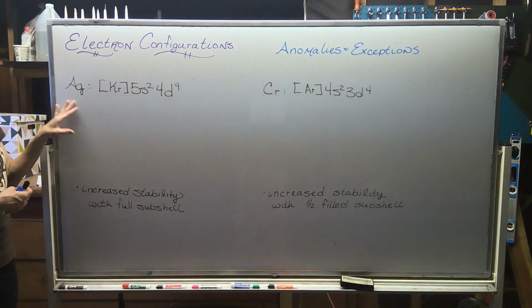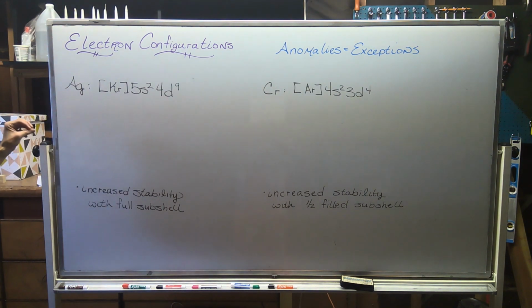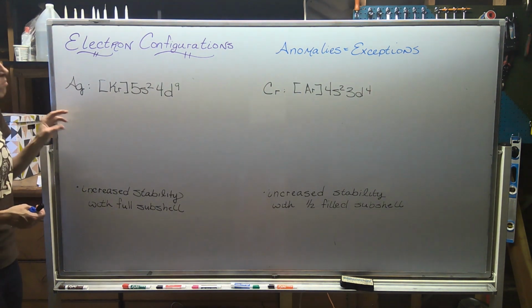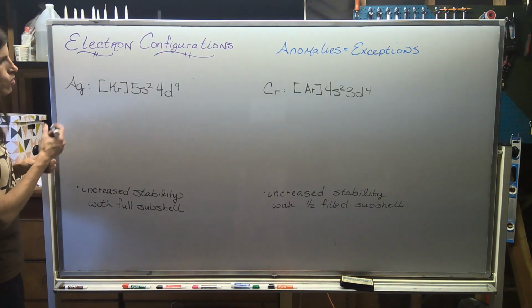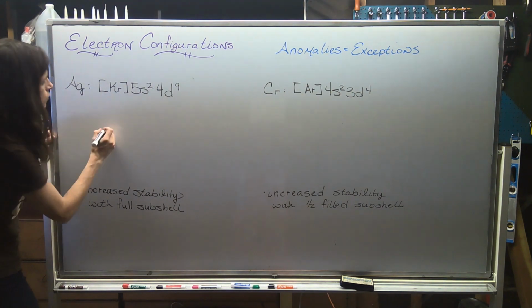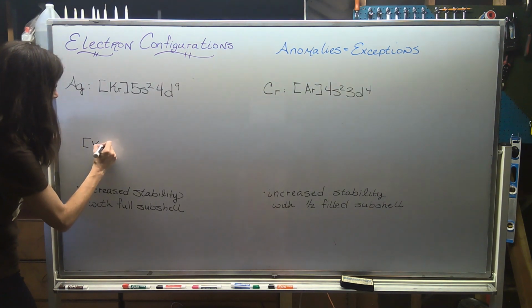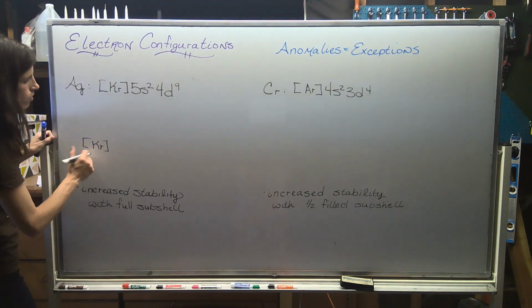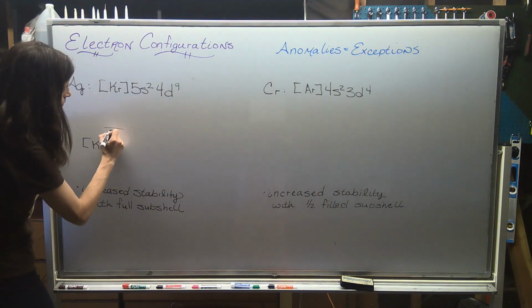So I had you all write what you would think would be the electron configuration of silver. So I imagine most of you wrote 5s2, 4d9. Let's do a little energy diagram for the valence electrons of silver. So krypton, nothing interesting going on with the core, right? And then we have 5s2.